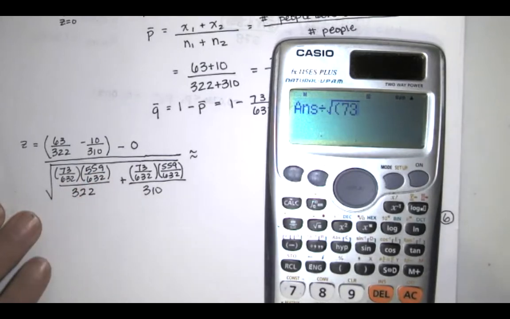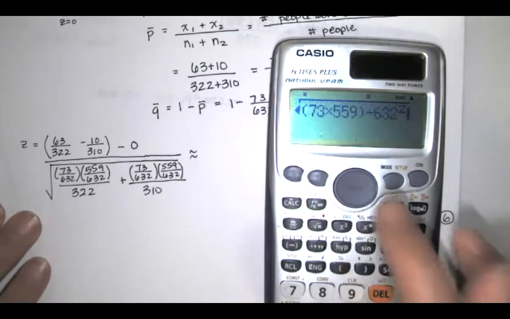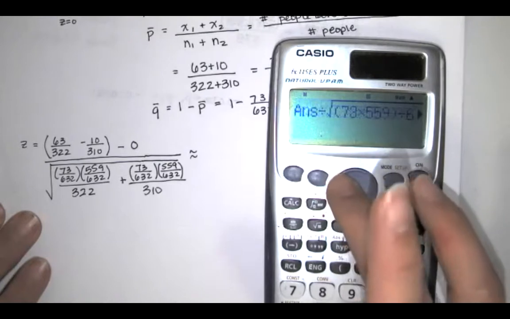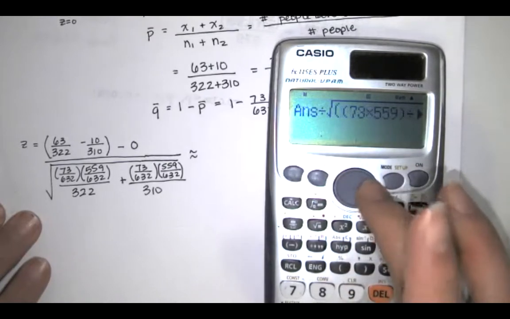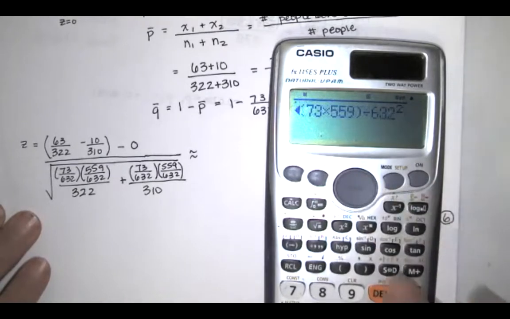So I'm just going to do 73 times 559, close parentheses, divided by 632 squared. And I want to take all of that and divide by 322.